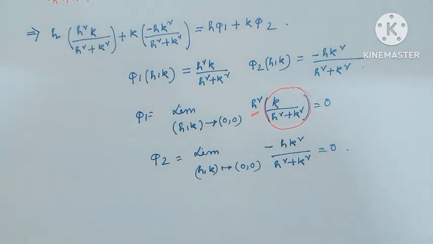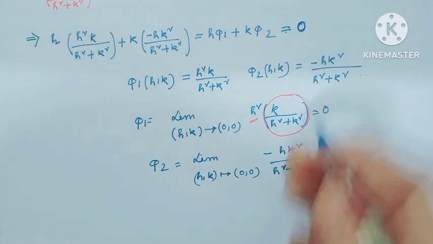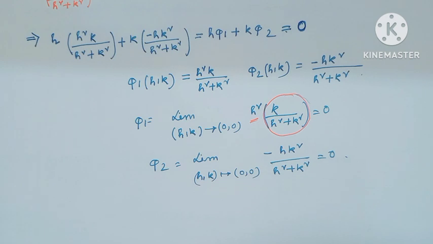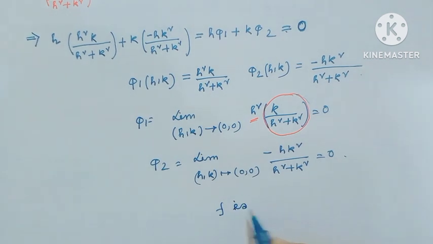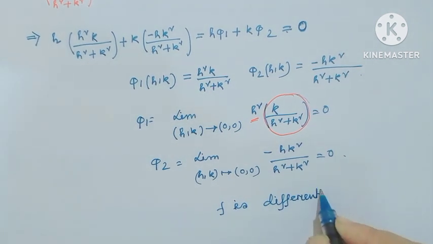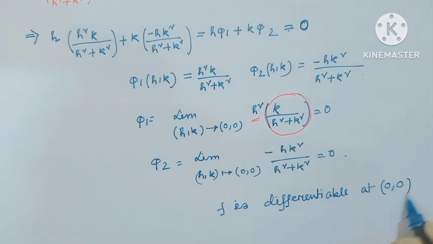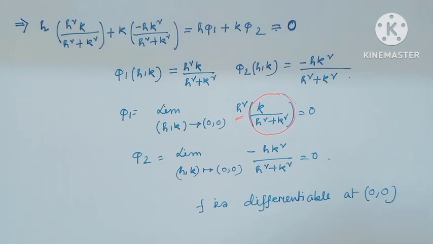So since this value is equal to 0, the function is differentiable at the point (0, 0). I hope all my viewers have understood the method.